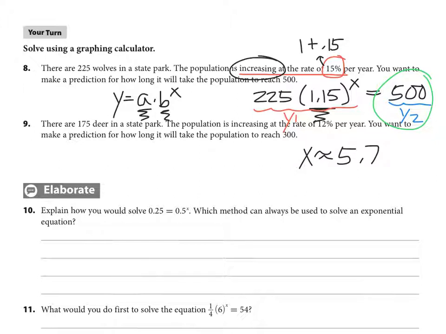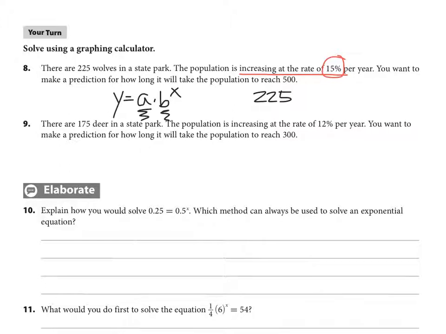So it says you want to make a prediction for how long it will take the population to reach 500. It would be approximately 6 years if you're rounding, okay, by years. Or you could be more specific and say 5.7 years. That's just going to be based on how the directions lead you to write your answer. Okay, let's go ahead and go to the next word problem.